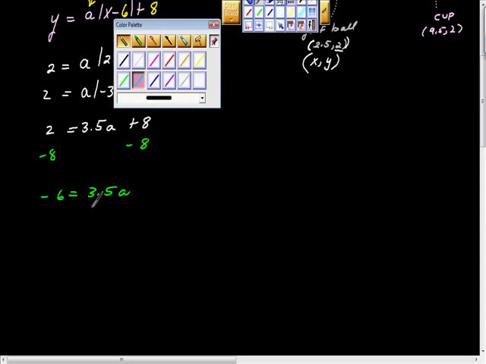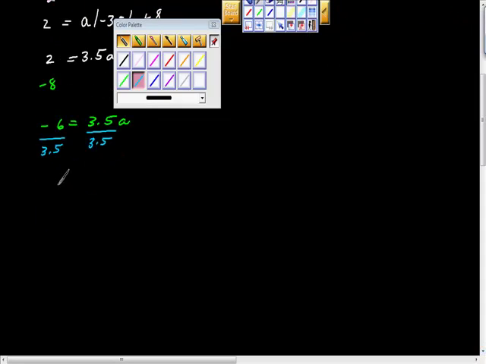Because we want to isolate a by itself, we're going to divide by 3.5 on both sides. Anything about the way this looks bothering you? Negative 6 over 3.5. The decimal down here bothers me.